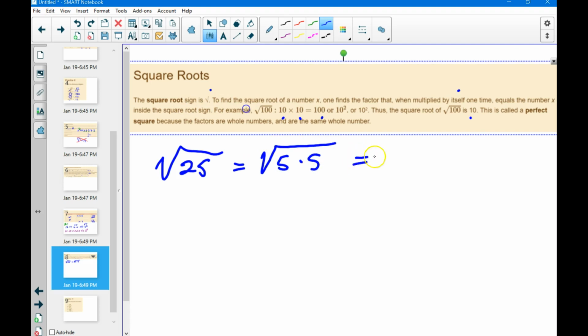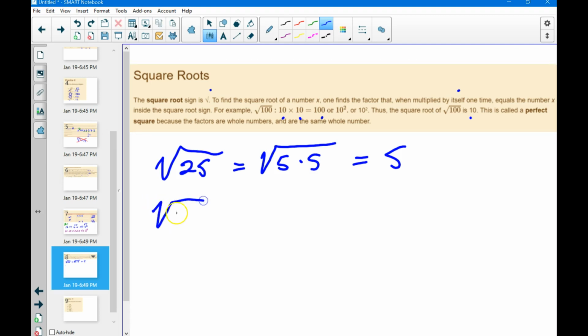So just write it down once. Then the square root of 16. Two numbers multiplied by itself to give 16: 4 times 4. And that's the square root. 4 times 4 is 16.